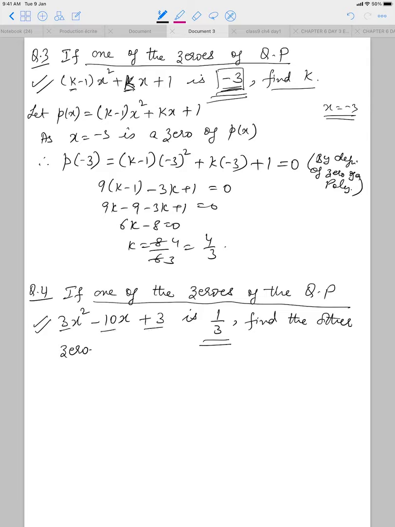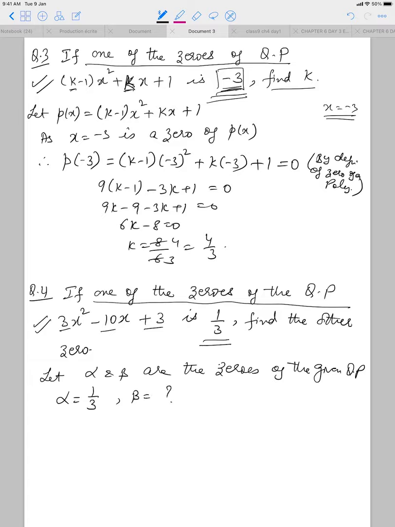So here we can use alpha plus beta and alpha into beta that we have studied. Find the other zero. So what do we assume? Let alpha and beta be the zeros of the given quadratic polynomial. One of the zeros is already given, say 1 by 3, and beta we have to find out.